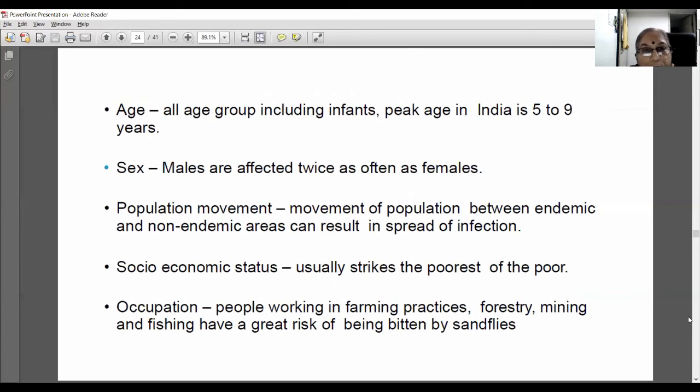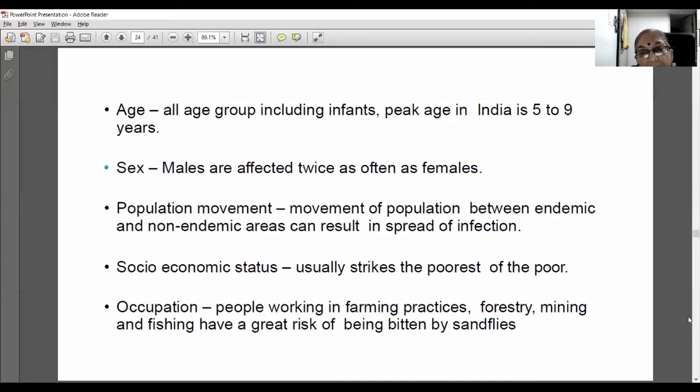Population movement between endemic and non-endemic areas results in spread of the infection. This infection is more common in the poorest of the poor. That means socioeconomic status is one of the important factors affecting this disease.